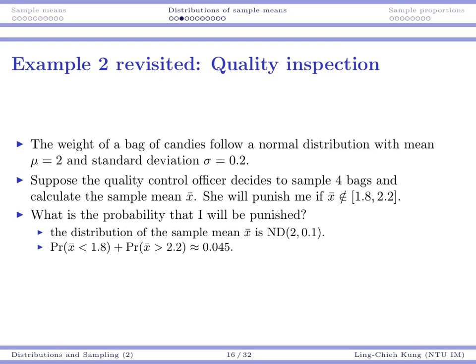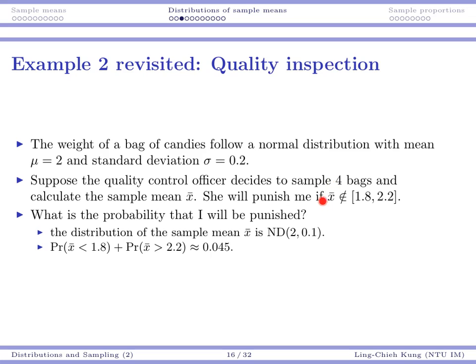So let's revisit our example 2. We know that the weight of a bag follows a normal distribution, and that's our assumption, with mean mu equals 2 and the standard deviation sigma equals 0.2. The quality inspection process is that they will collect 4 bags of candies and calculate the sample mean.